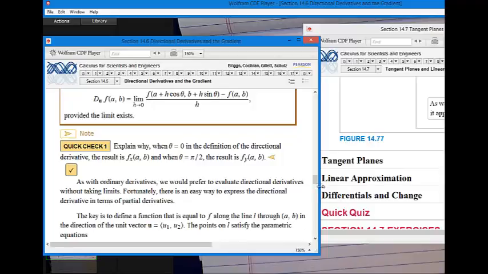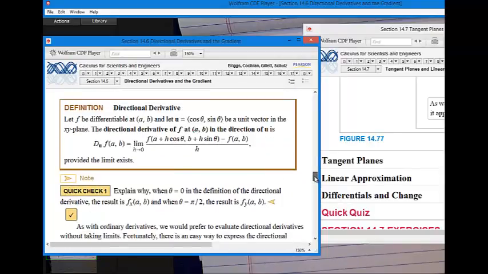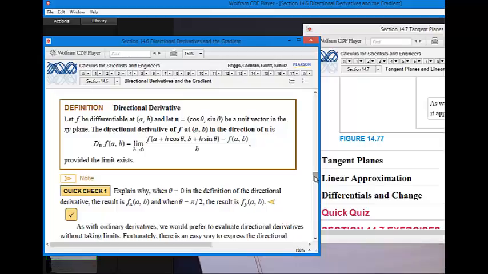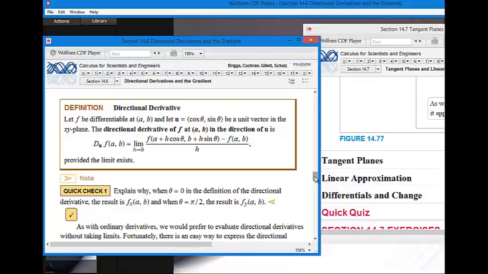What I did last time was fine. I just want to show you, look at the definition that your book gives of directional derivative. Is that the same as mine or not? One difference is that instead of writing u as a unit vector, they wrote h cosine theta and h sine theta. Let's think for a minute what that means.